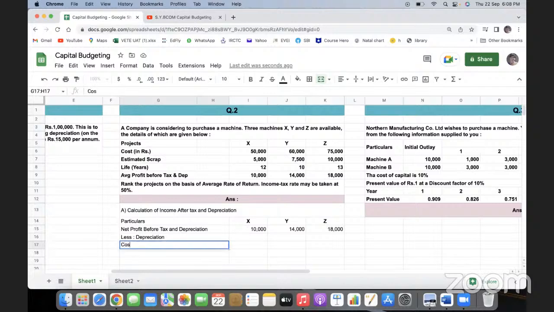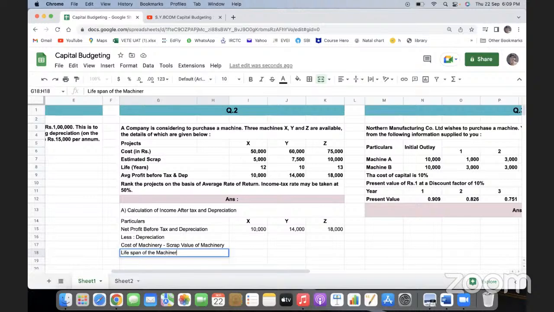So, cost of machinery minus scrap value of the machinery, divided by the number of years or the lifespan of the machinery.